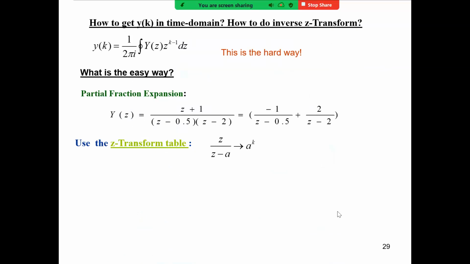So what should we do? I think some of you already learned this, right? How do you get the inverse Z transform? There are many ways, or at least you know one way.